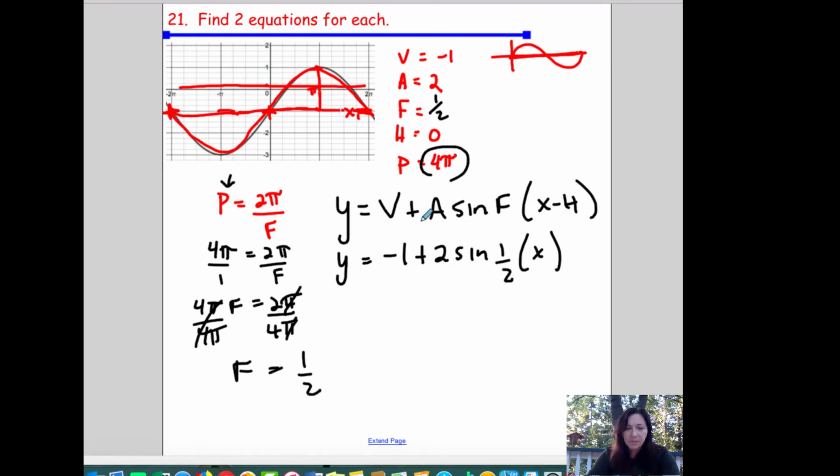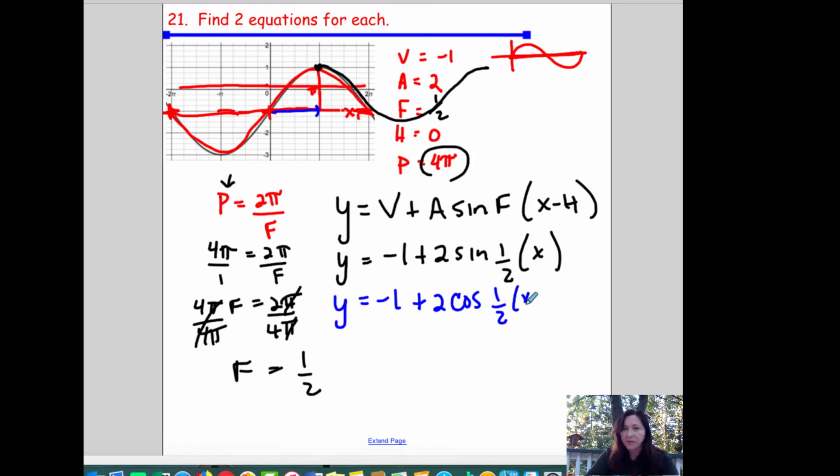To make this a cosine wave graph, I could start high up here, and then cosine does this and ends high. But to start that off here, I would be shifting horizontally pi. So everything is exactly the same, y equals -1 plus 2, except this word is different. Now it's a cosine wave, 1/2, and then my shift, x minus pi. All right?